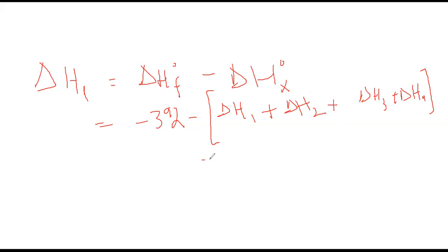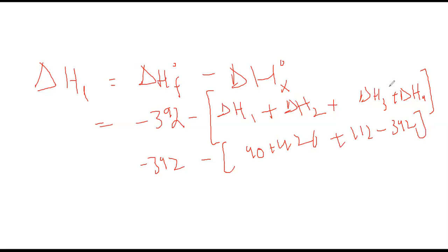So add all these values. Delta H1 was 90 plus 420 plus 112 minus 342.